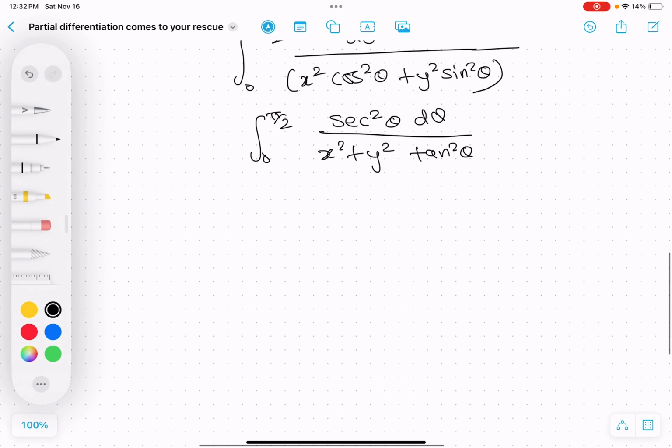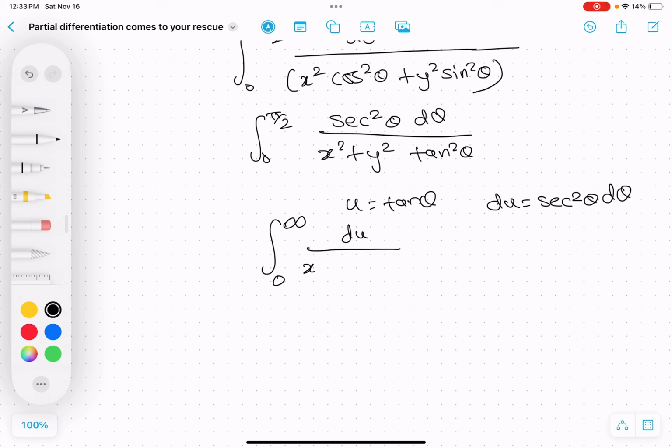Now, if you let u be tan theta, our du will just be sec square theta d theta, right? So now the limits of the integral will go from tan 0 to tan pi by 2, which is 0 to infinity. Sec square theta d theta is du, divided by x square plus y square u square.